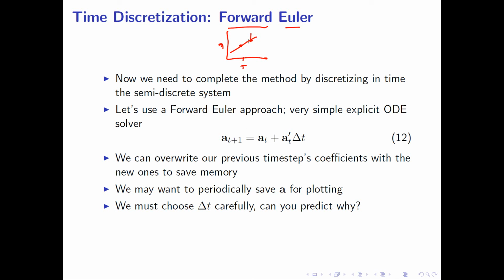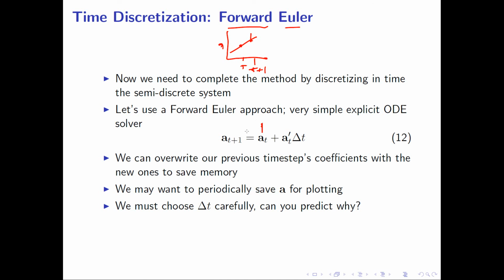So we need to discretize in time our semi-discrete system, and the forward Euler approach is very, very simple. As might be suggested by this simple drawing, the geometry of the problem is such that for our predicted future time here, called t plus 1, our solution values are just simply the current solution values plus the rate of change of our solution values times some small time step, delta t.